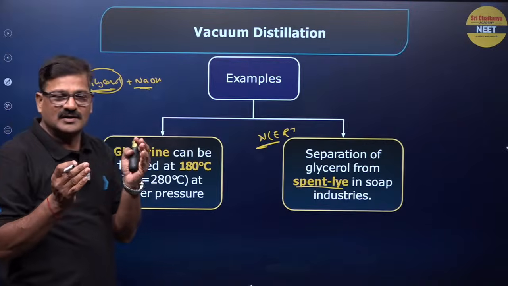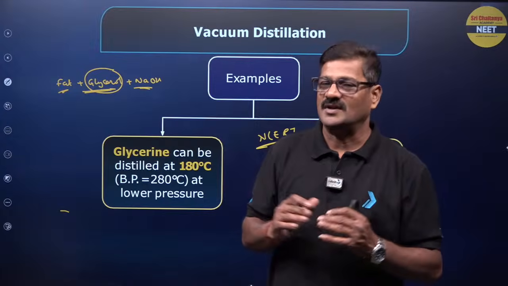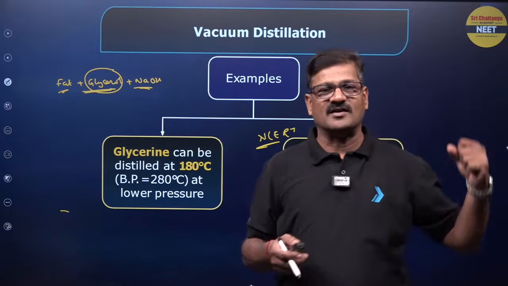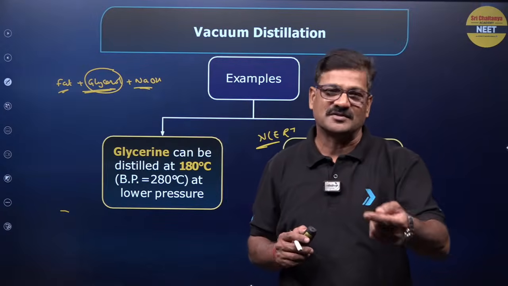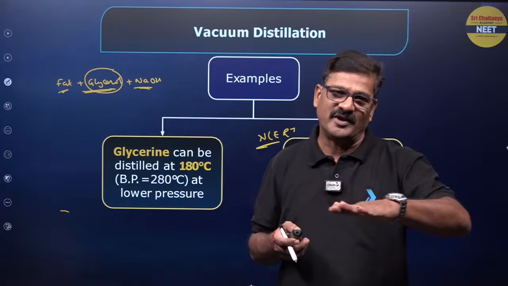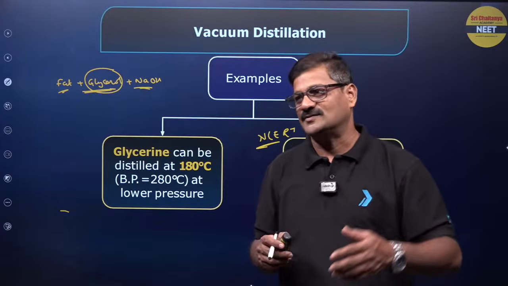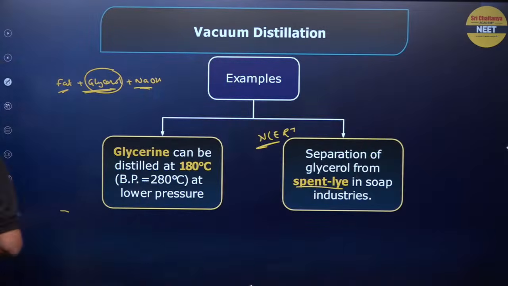You get excess glycerol and the soap is left. That is called spent lye. In that spent lye, glycerol is removed and the soap is separated. You can add some colors, some perfume, make it into a shape, wrap it, pack it and sell it. That is the soap industry. Clear? That's good. Now you ask, then only we will understand what is our route.